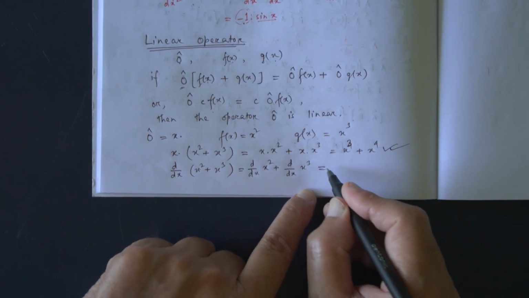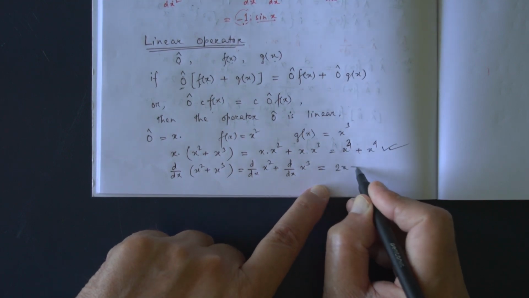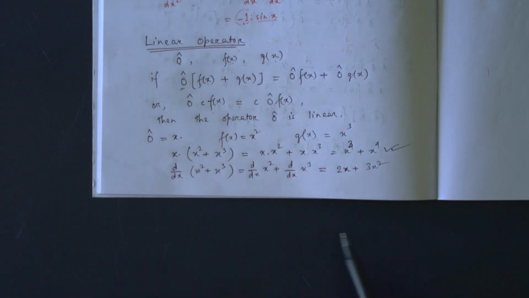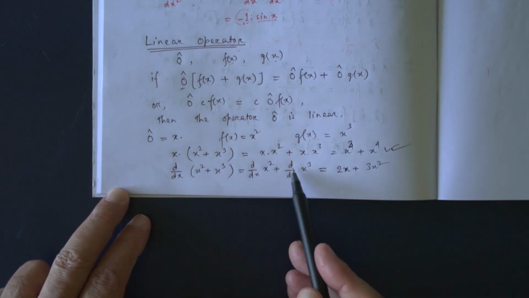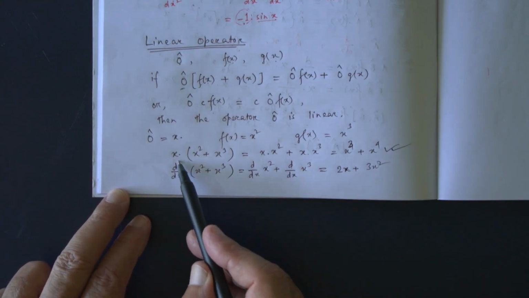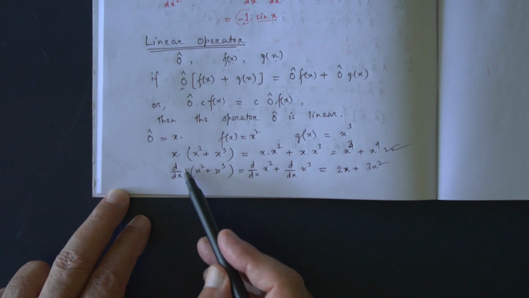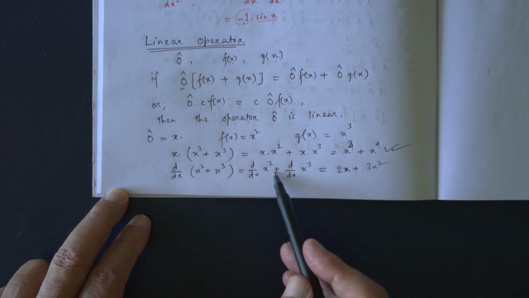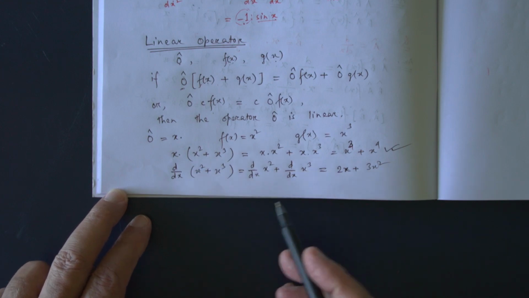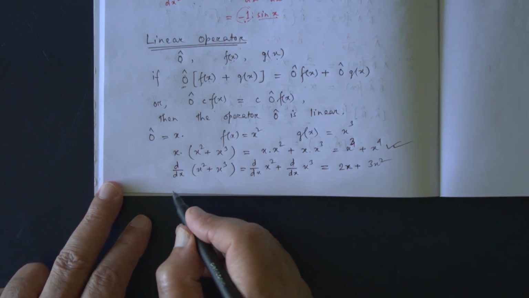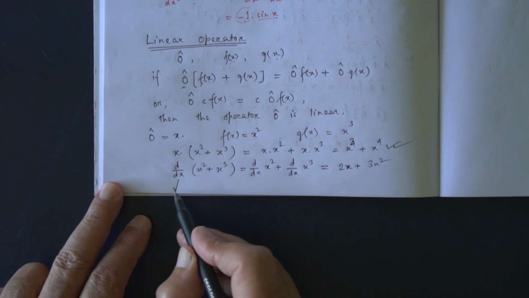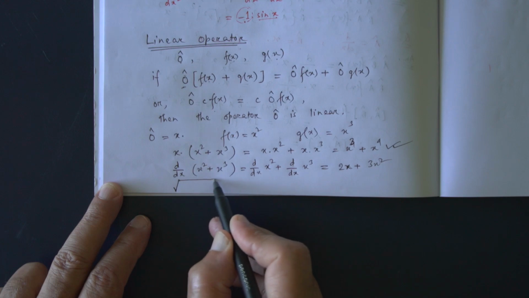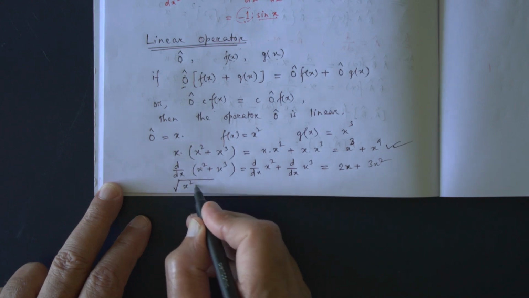So again we get 2x plus 3x square. So again d dx is a linear operator because we can write like this. But say taking square root. Now our operator is taking the square root of x square plus x cube.